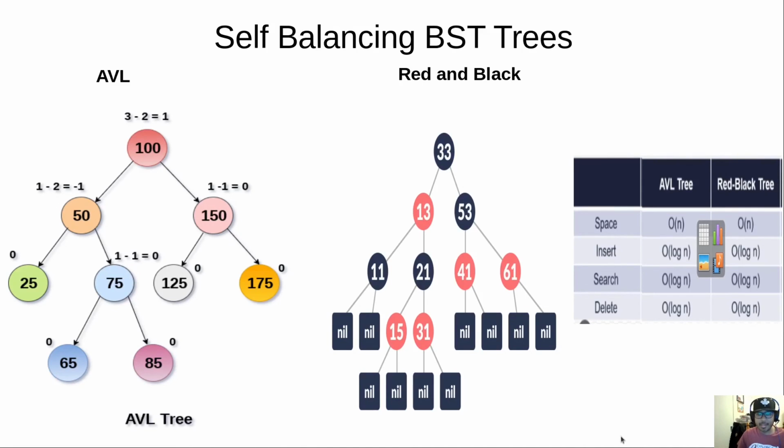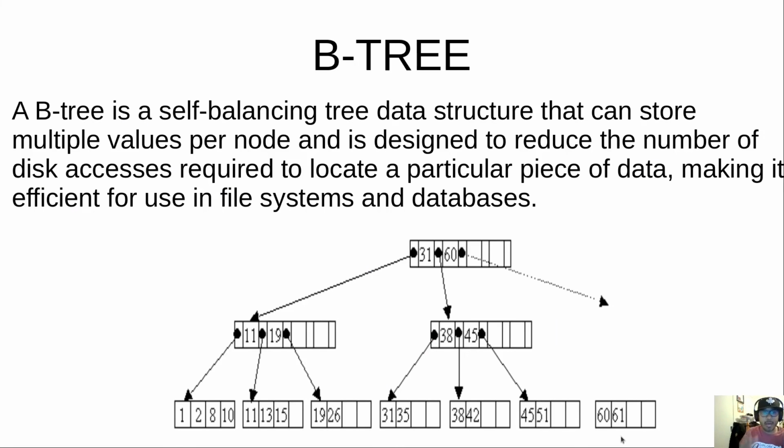Okay, and now we're going to B-trees. A B-tree is a self-balancing tree data structure that can store multiple values per node, and is designed to reduce the number of disk accesses required to locate a particular piece of data, making it efficient for use in file systems and databases. Basically, as simplified, a B-tree can have as many children as it wants.